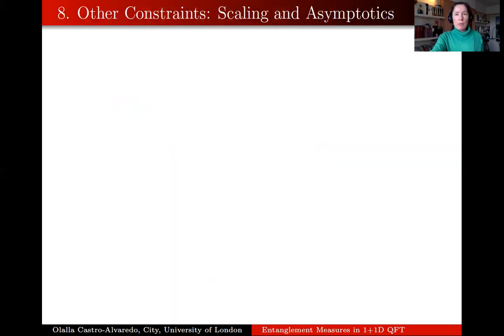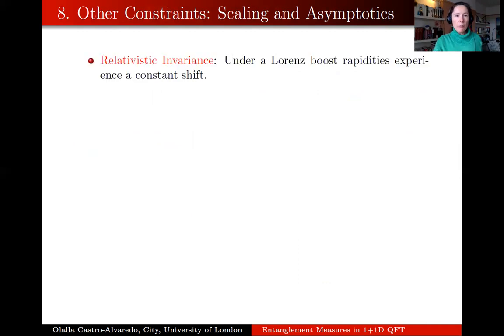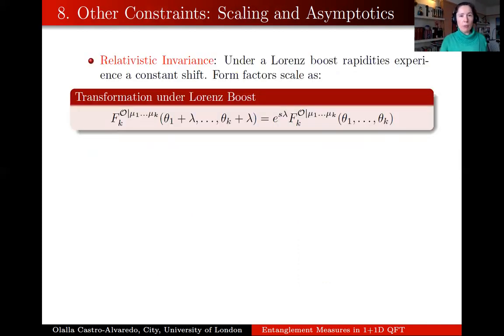So apart from this, there are other constraints that one can use to constrain these form factors further. Many of these constraints have to do with their transformation properties when you change the thetas, and their asymptotics. For example, one very important property is what happens to the form factors under a Lorentz boost. If you shift all the rapidities by some constant amount, this is the same as doing a Lorentz boost.